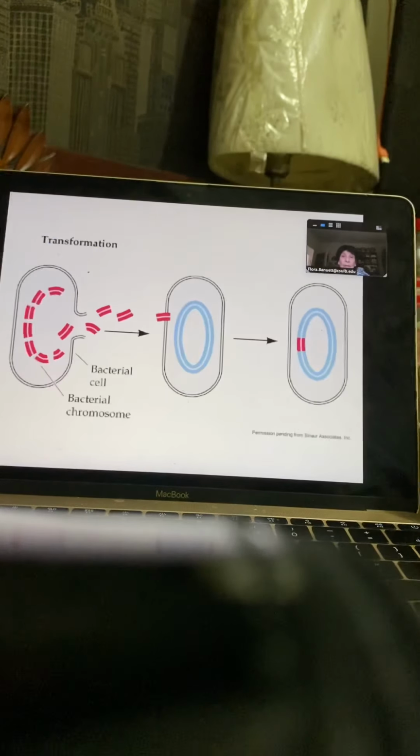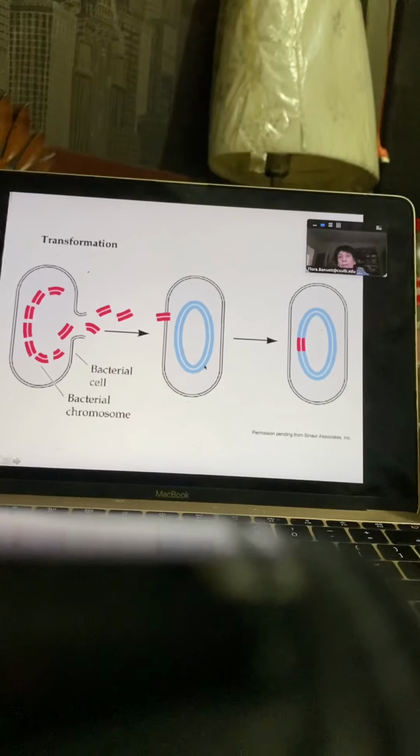Okay, so in a nutshell, here it is. Bacteria in nature are going to lyse. Their chromosome gets cut into pieces. Again, it's chopping up into smaller pieces. Here is a bacterial cell that is alive. So this cell is dying, releases DNA, which happens all the time in nature.